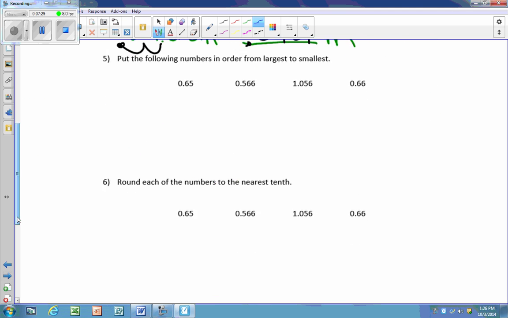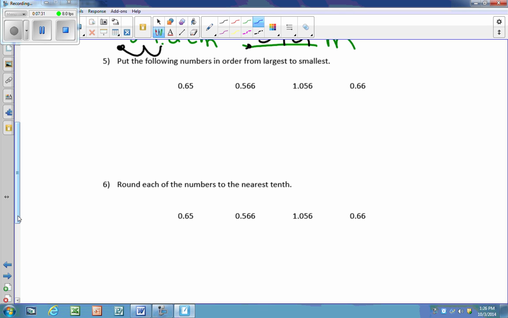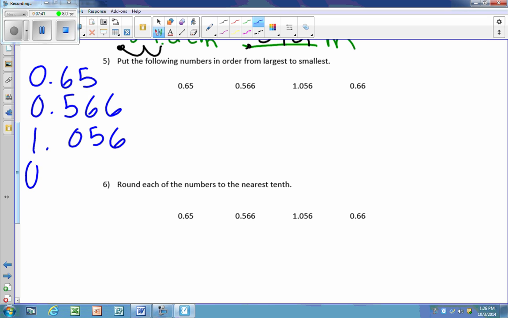Now on the bottom, question 5, what I need to do is I need to stack my numbers. Once I stack my numbers, I have to get ready to put them in order. I notice that I want to go largest to smallest, so my biggest number is right here. So I'm going to write it. Now I notice these are all the same.